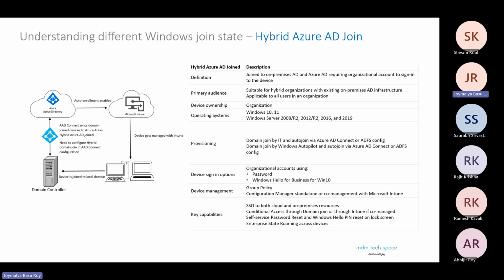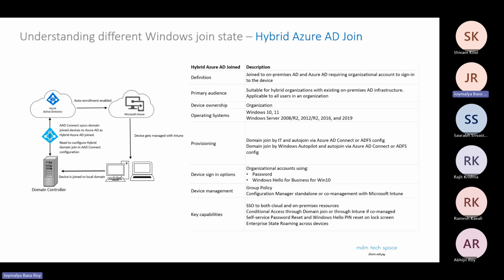So we further need to specify what type of corporate account we can sign in with. In case of Azure AD devices, we can sign in with a corporate account that is either a cloud account, means created in Azure Active Directory, or it's a synced account, means it's created actually on the on-premises AD and then synced back to Azure.